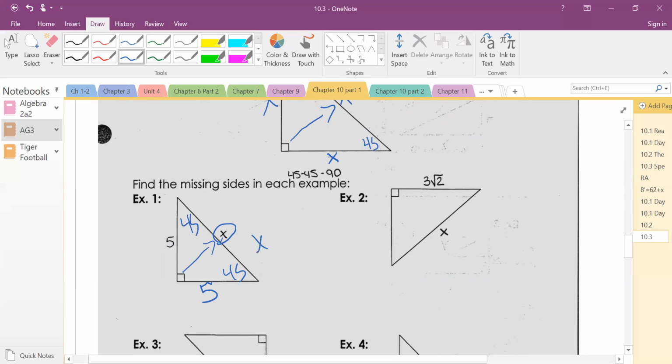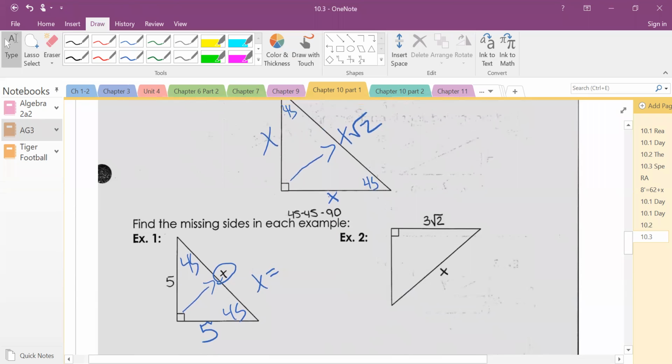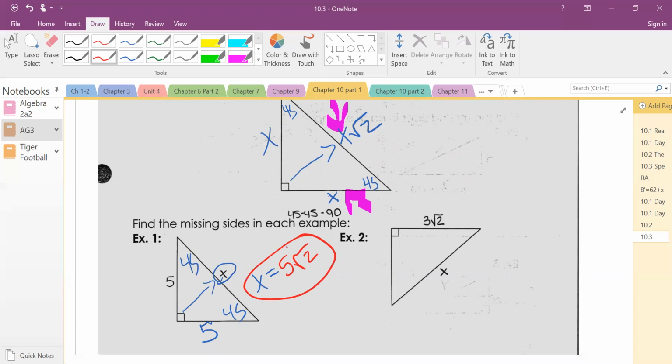What is X going to equal? Up here, plug 5 in for X in this problem, and you have your answer. 5√2. Done. No big deal. Don't try to turn that into a decimal. Leave it just how it is. It's perfect.